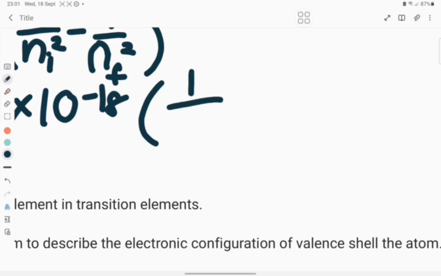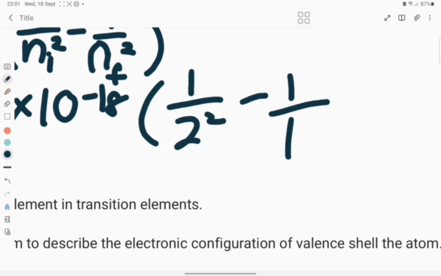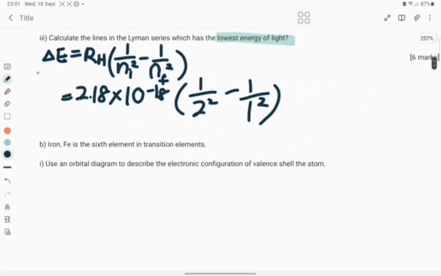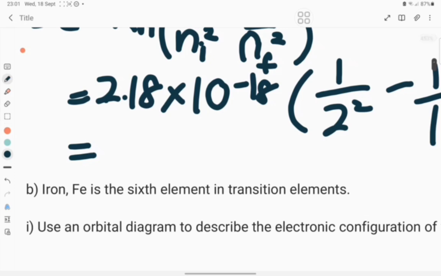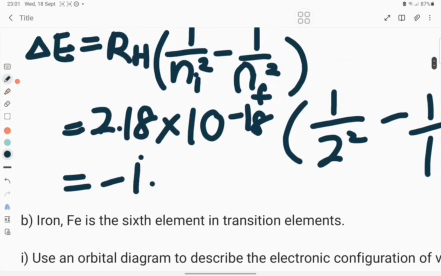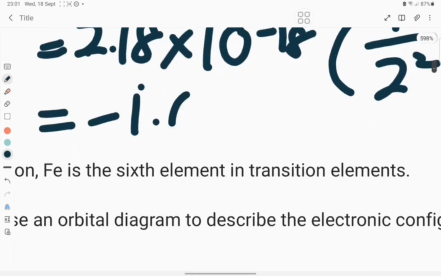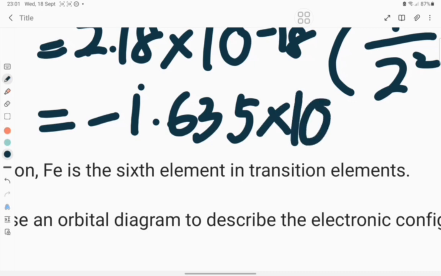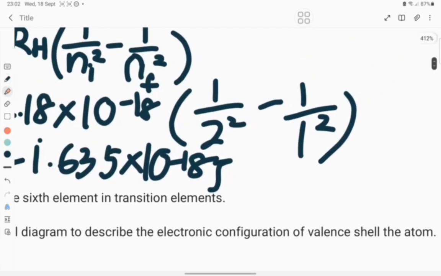So the initial will be n equals 2 squared, and the final will be 1 because it is the Lyman series, and the answer will be negative 1.635 times 10 to the power of negative 18 joule. Don't forget to write the units, because if you don't have the units, then your answer is wrong.